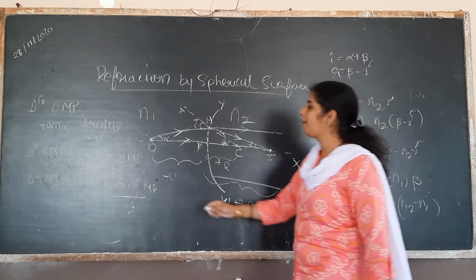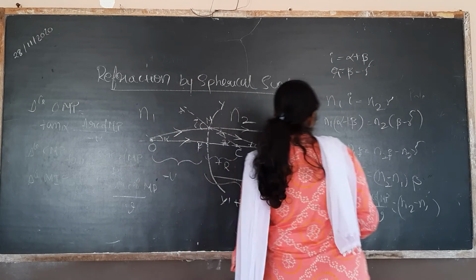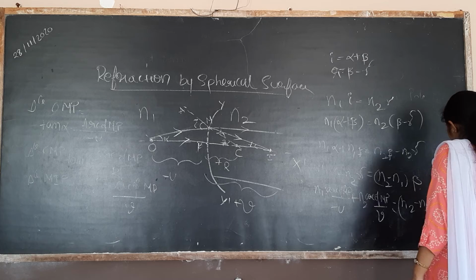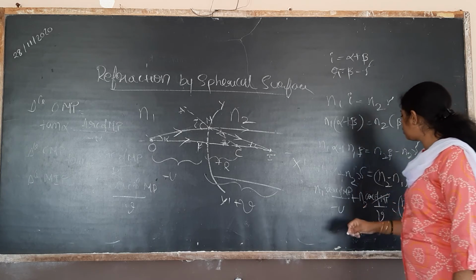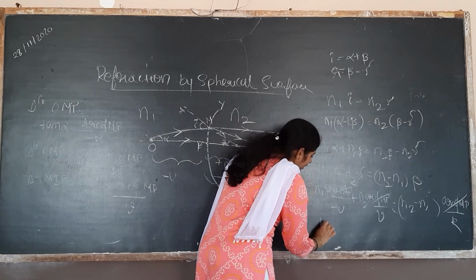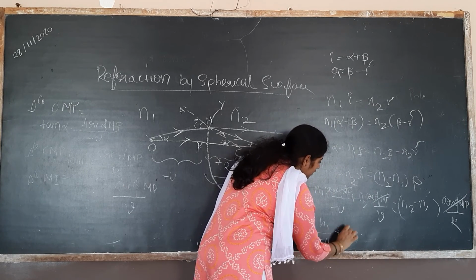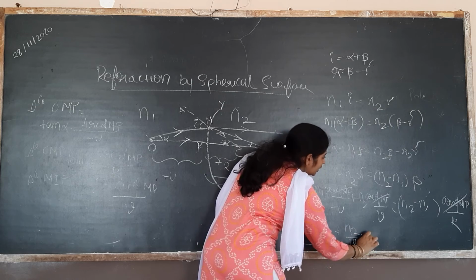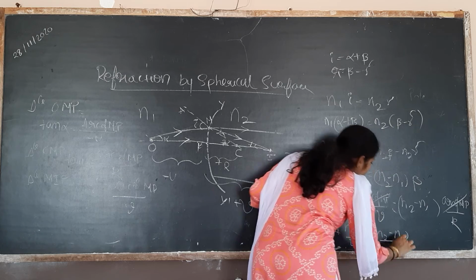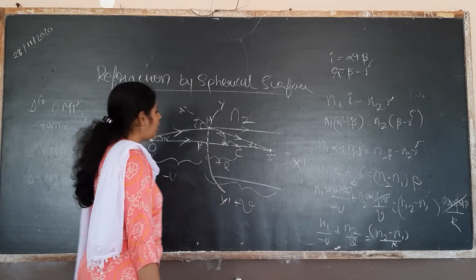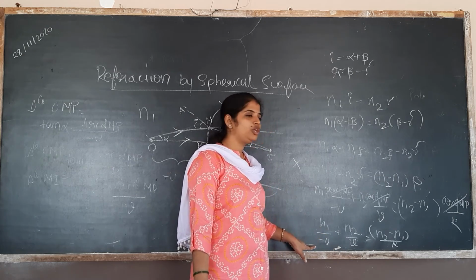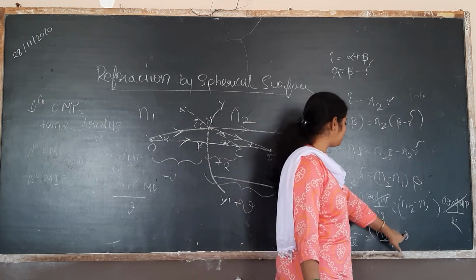What is beta? Beta is nothing but arc of MP divided by r. So arc of MP cancels. What you will get: N1 by minus u plus N2 by v is equal to N2 minus N1 divided by r. Okay? So you can write N2 by v minus N1 by u is equal to N2 minus N1 by r.